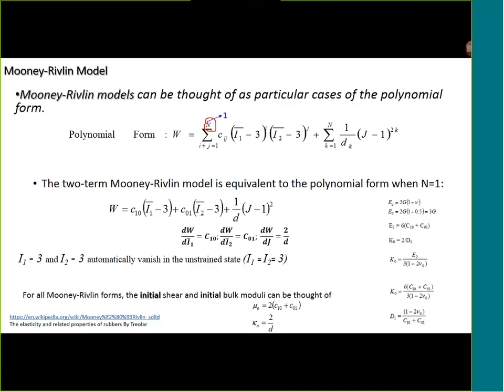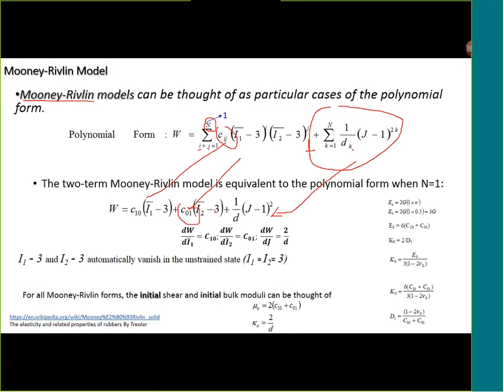But in the Mooney-Rivlin 2-parameter model, this n is limited to 1, so it is eventually nothing but a derived form of the general polynomial model. So when you substitute this i and j here, this Cij becomes C10 and this becomes C01 for the next term, and also you have the volumetric term.